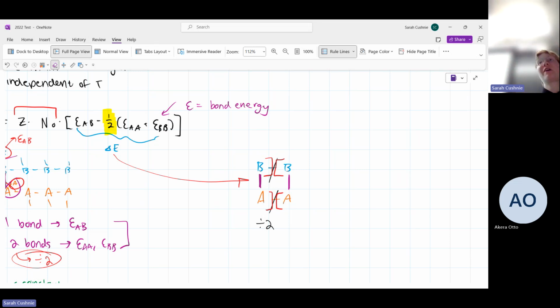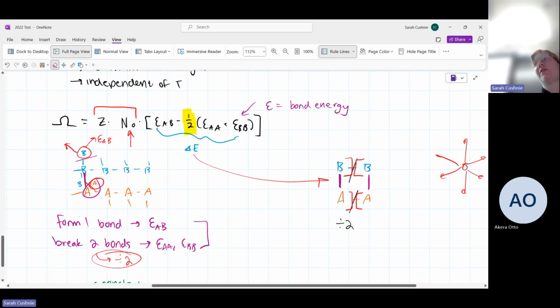But in reality, if we're talking about an FCC crystal, you're going to have a molecule bonded above, in front, to the side, all sorts of places. So we have this coordination number Z, and then a bunch of lattice sites N naught. So basically, omega takes into account not just one atom, but all the potential atoms and all the potential bonds in the system. Does that make sense?